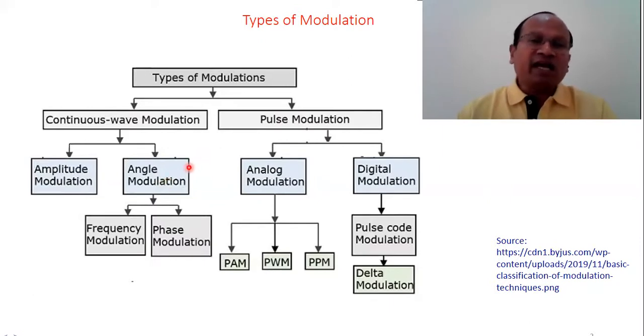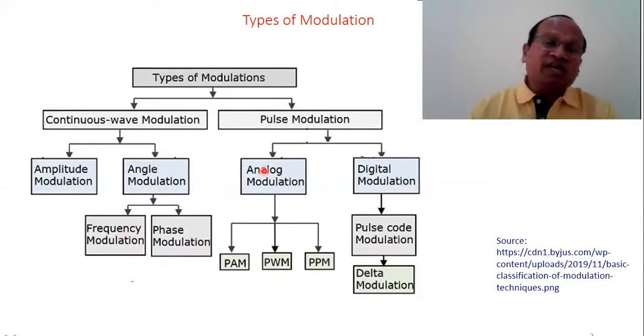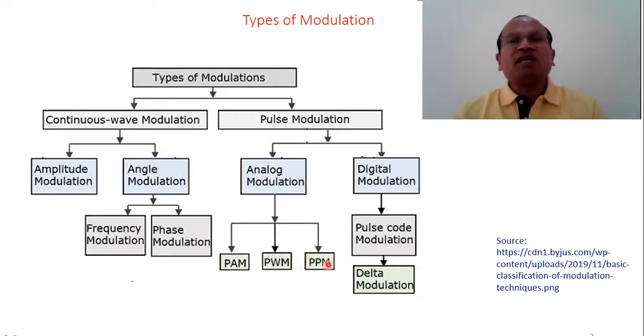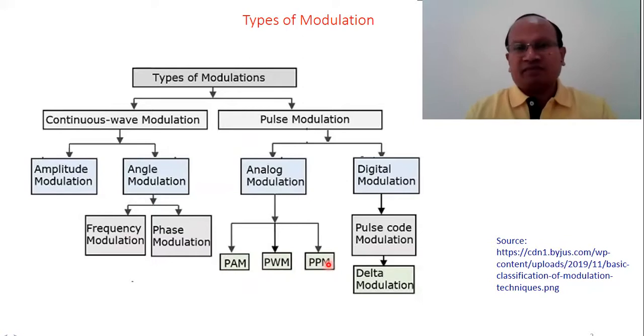And further, angle modulation is divided into frequency and phase modulation methods. This part we have discussed. The next part, pulse modulation, again is of two types, analog pulse modulation and digital pulse modulation. Analog is further divided into PAM, PWM and PPM. PAM is pulse amplitude modulation.